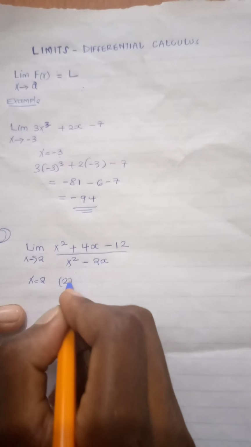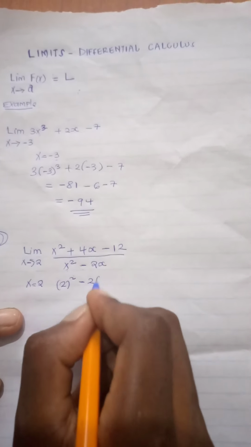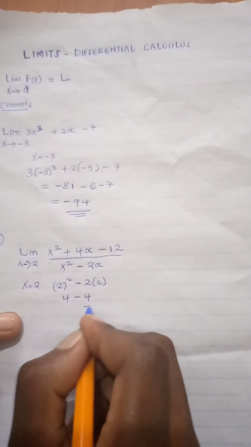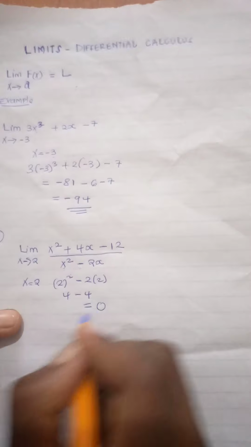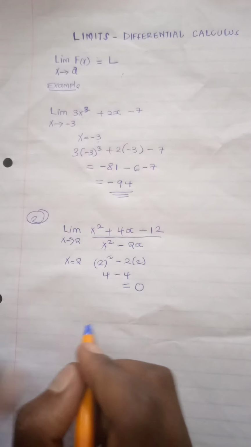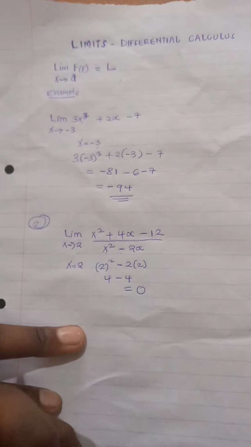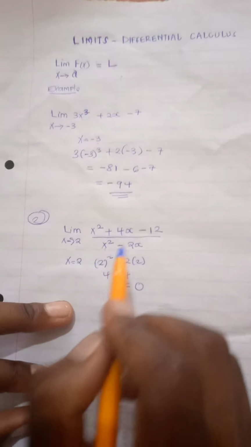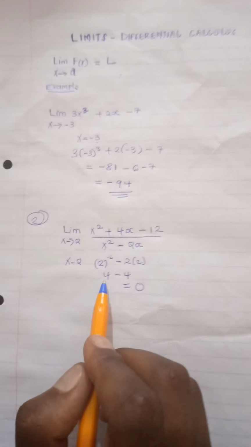Take 2 squared, then minus 2 times 2. So this will be 4 minus 4. The answer is 0. Now, what can we do from this point, now that our denominator gives us 0?